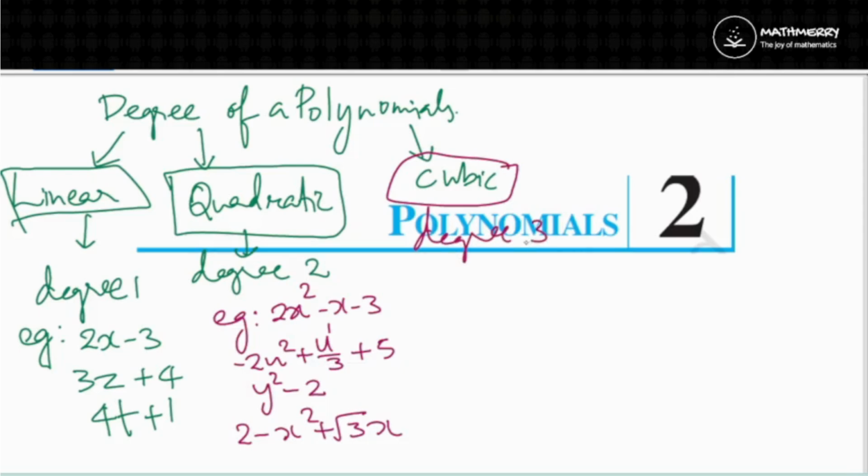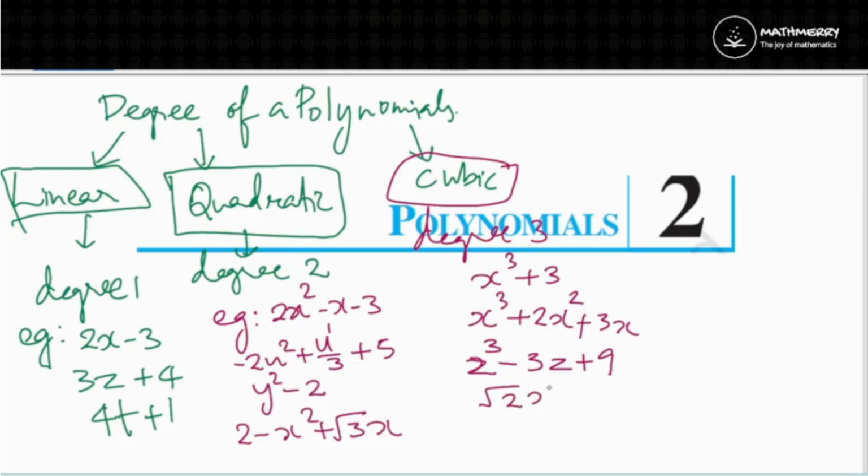The examples can be x cube plus 3, or x cube plus 2x square plus 3x, or z cube minus 3z plus 9, or we can simply write root x cube, or 2 minus x cube.